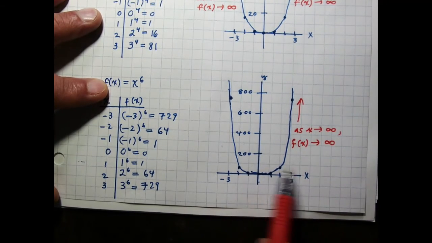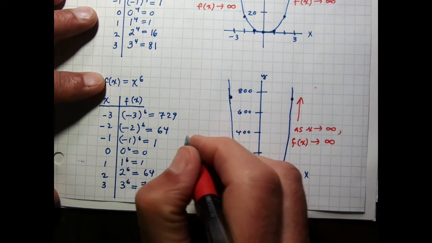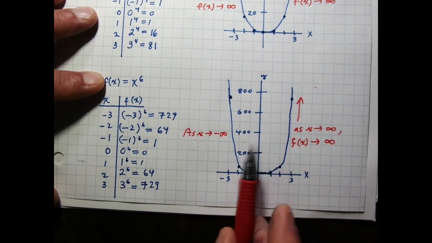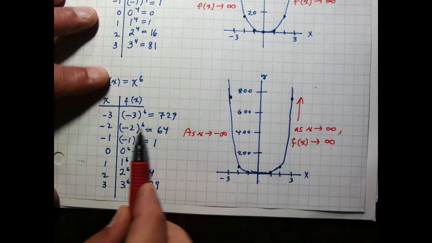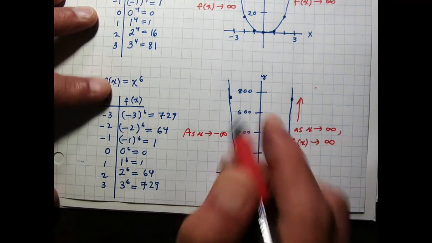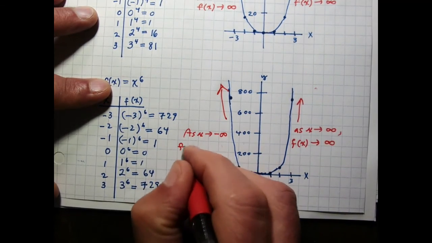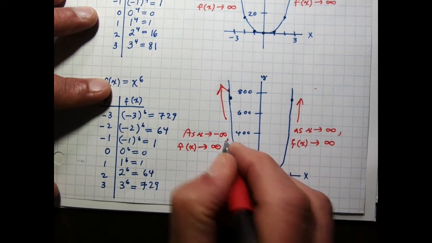As x gets large, the y values get large. The graph rises up. As x approaches minus infinity, so we draw the arrow going that way even though we're imagining going to the left, the graph rises up again. So f of x approaches infinity.